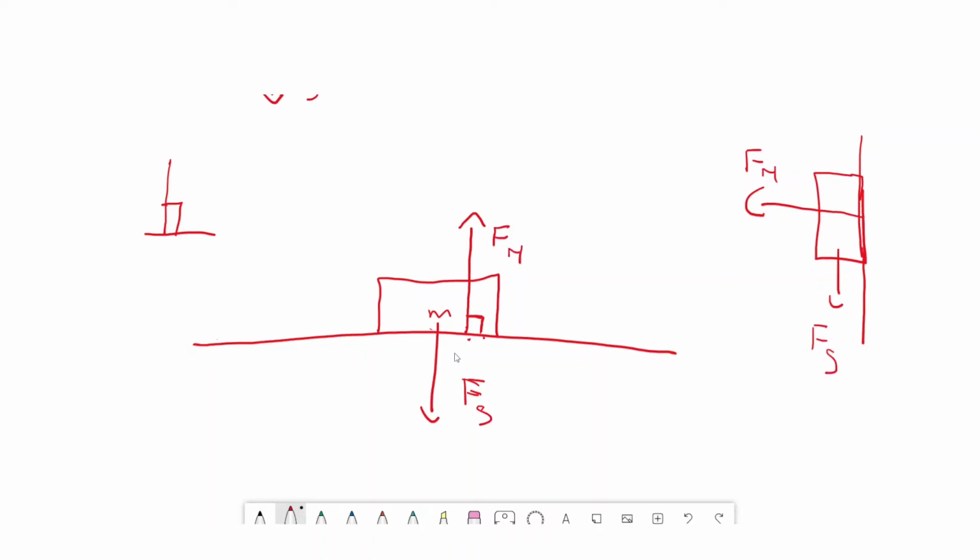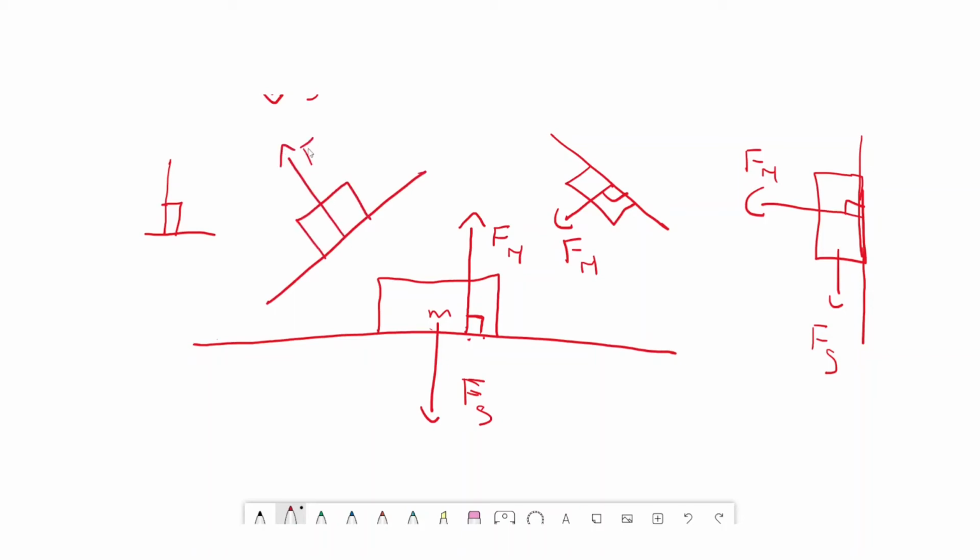If I have an object and the surface is like that, the normal force is in that direction. It's always perpendicular to the surface. Just throw any force perpendicular to the surface. That is going to be the normal force. If my surface is like that, my normal force is going to be this normal force, which is going to be perpendicular.